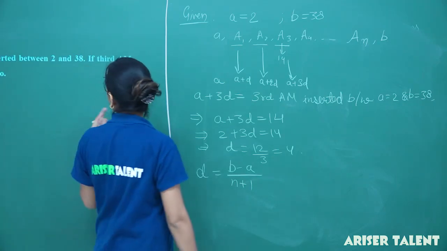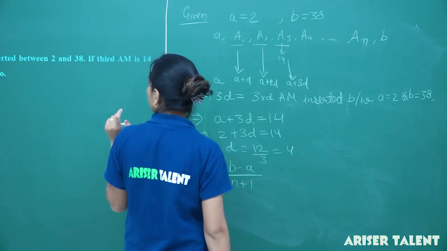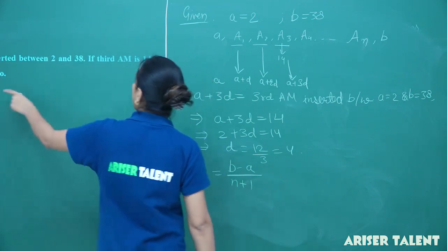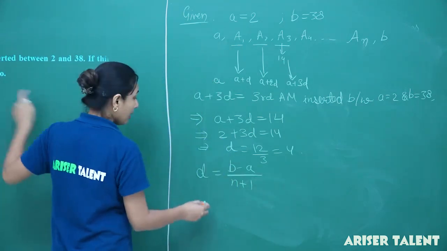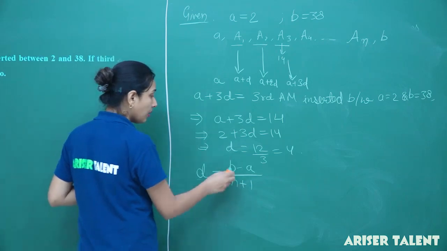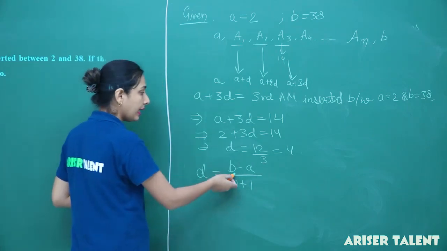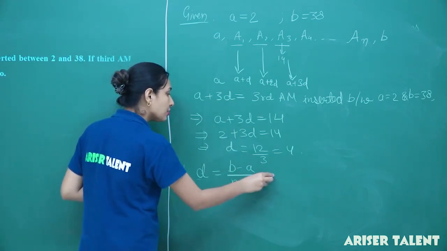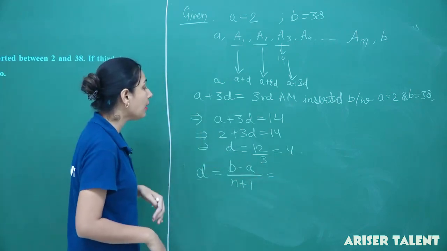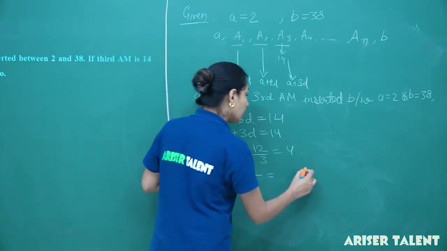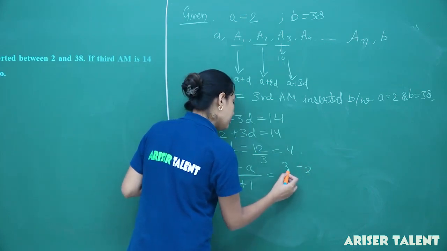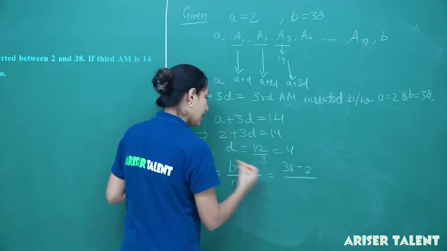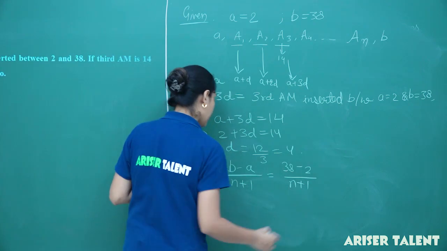In this question I have to find n. I am provided with D, I somehow found it. A is given, B is given, so I just have to put the values. The value of A is 2, the value of B is 38. n is to be found.